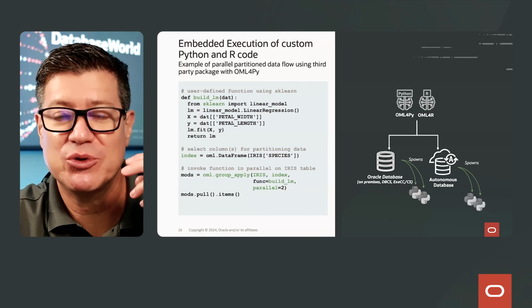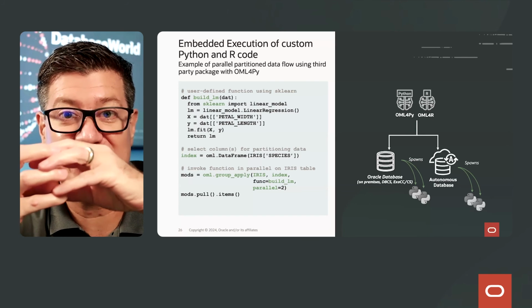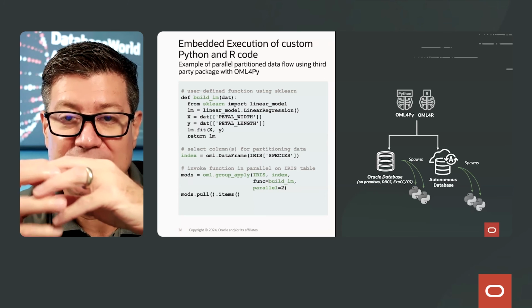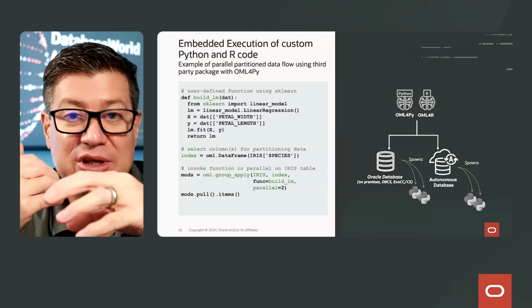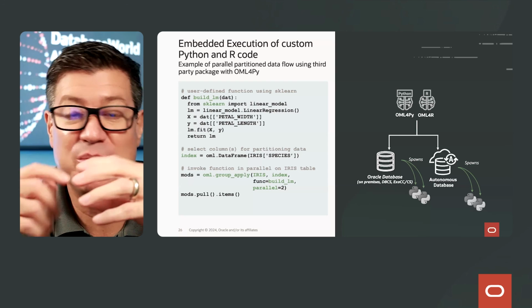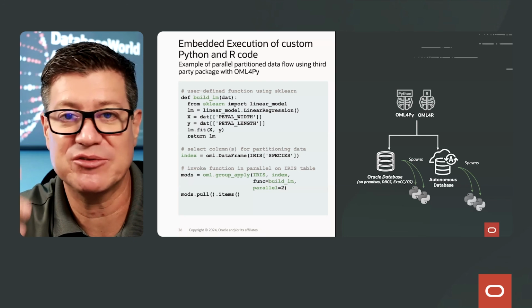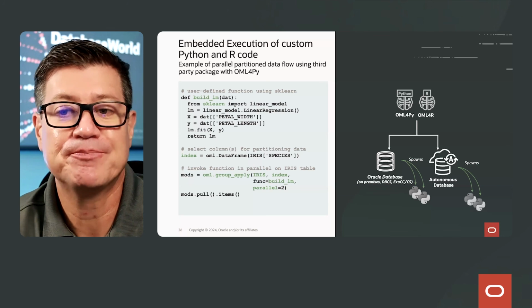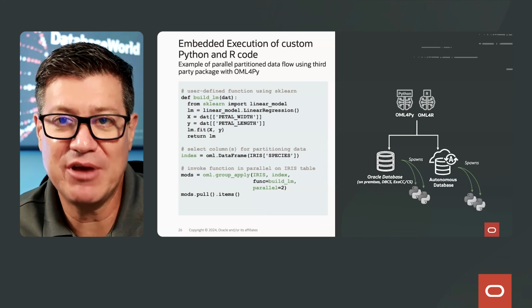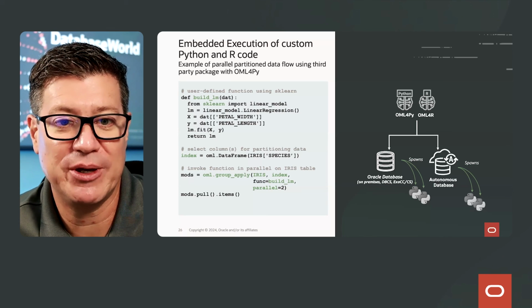The database is controlling that. The database injects the data needed on that session, runs that code that you wrote, and then brings back the results. We can bring back the result into the database or to an object storage or to a file service or anything that you need there. So it is, again, very, very flexible and very powerful.